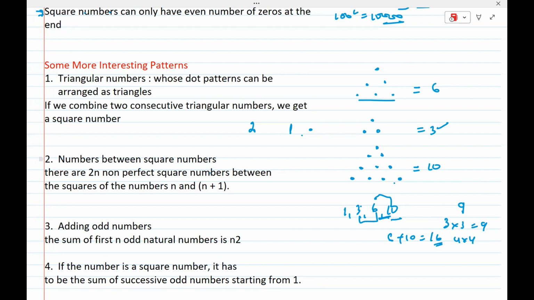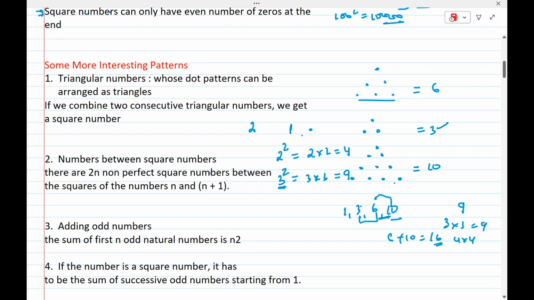Now, numbers between two square numbers. What do two square numbers mean? Take one example. Suppose I have 2 squared, which is 2 into 2, that is 4. Then I have 3 squared, written with 3 and a superscript 2. So 3 into 3 is 9.